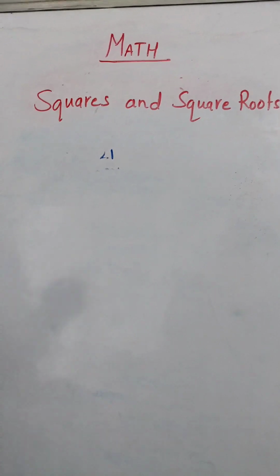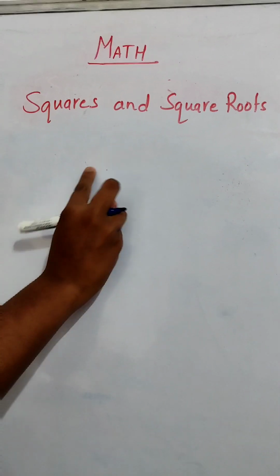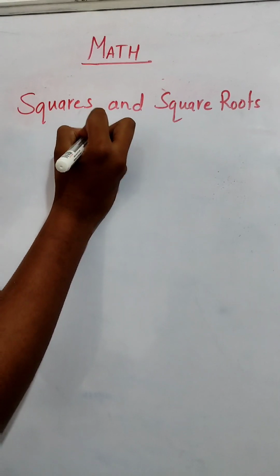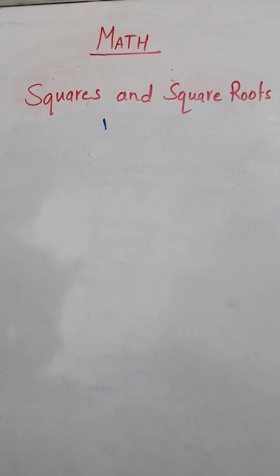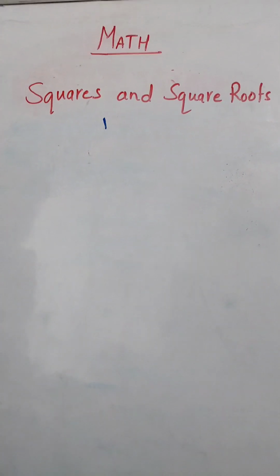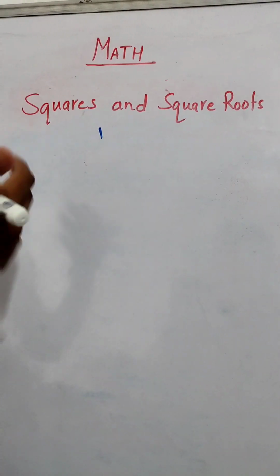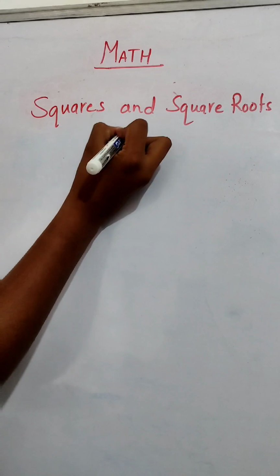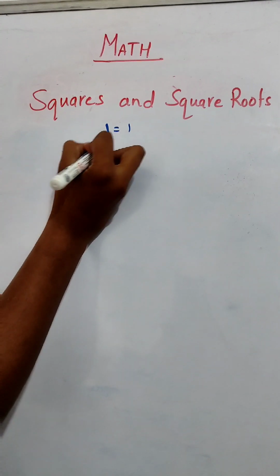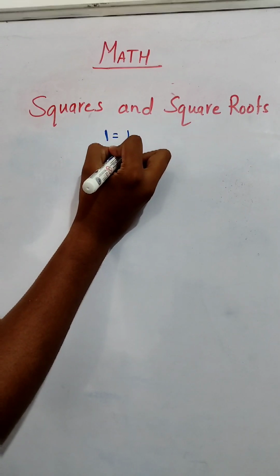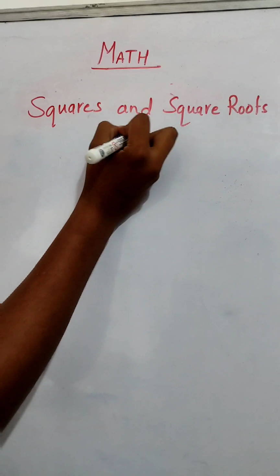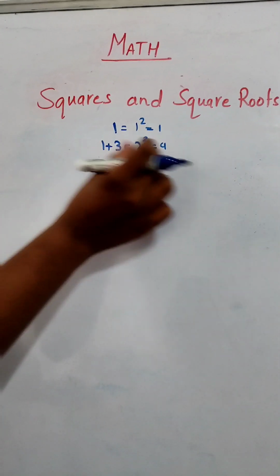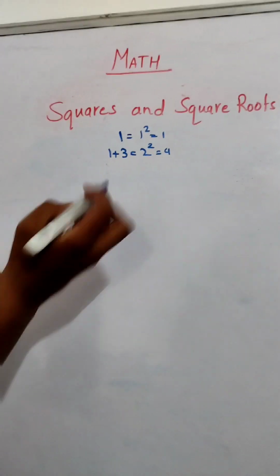Another pattern we get is that we can consecutively add consecutive odd numbers to get a square number. 1 is equal to 1. 1 plus 3 is equal to 4, and we know that 4 is 2 square.